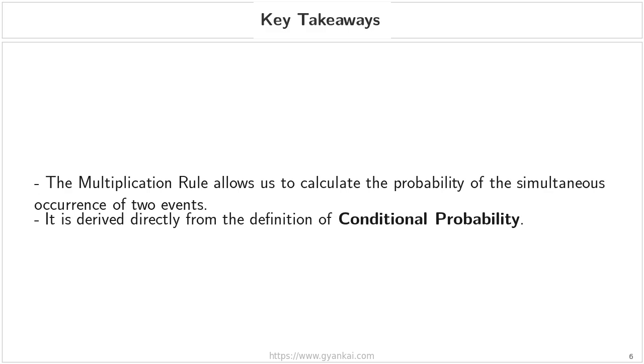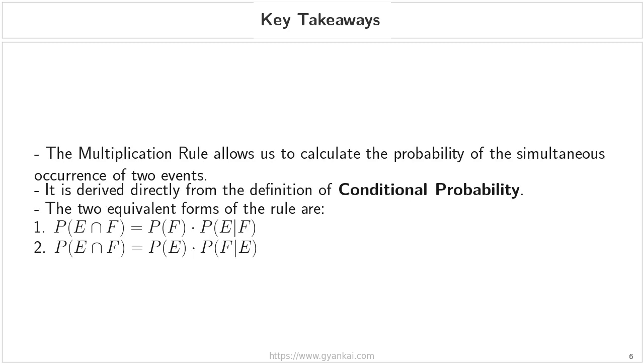As we saw in our step-by-step derivation on slide 3, it is crucial to remember that this rule isn't just a random formula. It is derived directly from the very definition of conditional probability that we reviewed at the start of this session. To ensure you can apply this to any problem, keep these two equivalent forms of the rule in your notes.